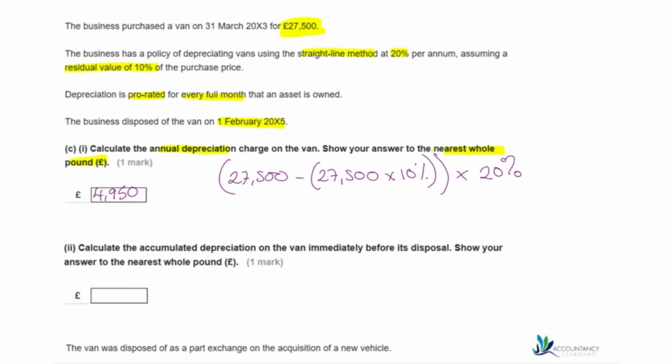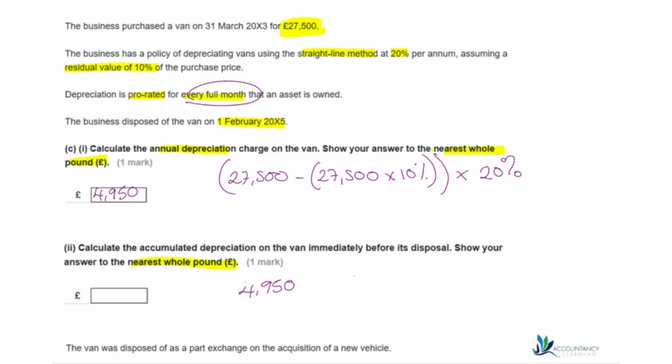Then next we need to calculate the accumulated depreciation on the van before its disposal. And again, we're showing answers to the nearest whole pound. So we know that 4,950 is our annual amount, but it's prorated on every full month that an asset is owned.